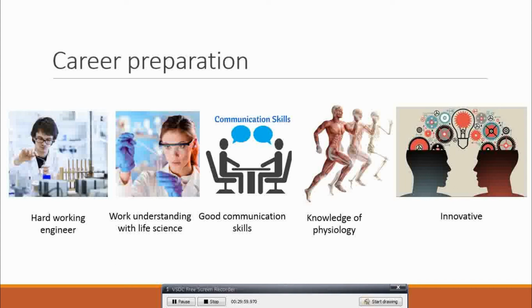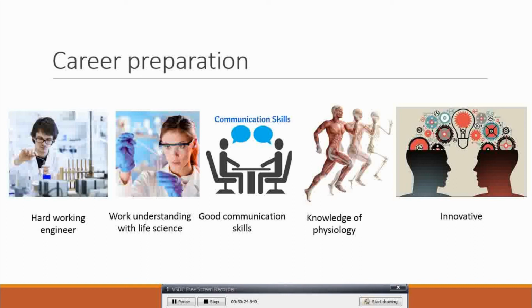Another part is you will also be exposed to the innovative design projects, so that you are able to design your own biomedical sensor system. So you will come up with your own drawing and design, so that you can present this is the idea.